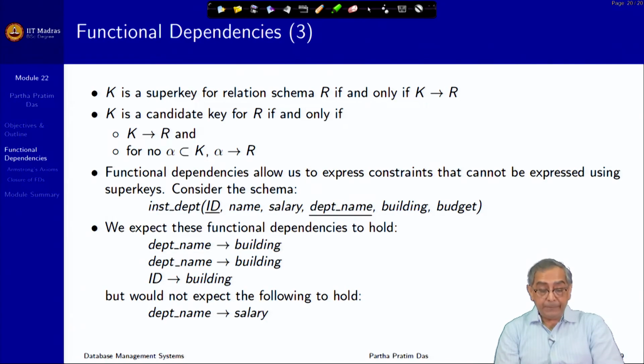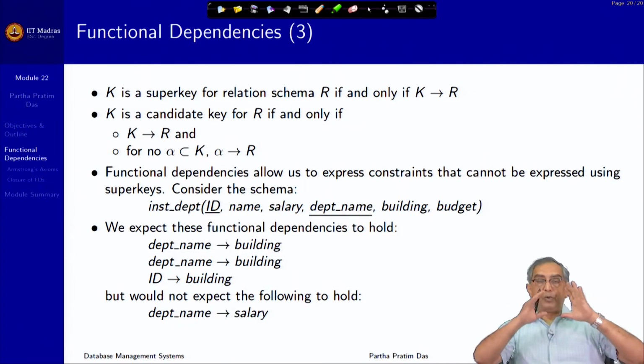What is the candidate key? If I have a K that determines R, then it is a super key, and a candidate key is one which is minimal, that which does not have a subset which is a super key. So, there is no proper subset alpha of K such that alpha determines R. K determines R, but none of its subsets determine R. That is the definition of the candidate key.